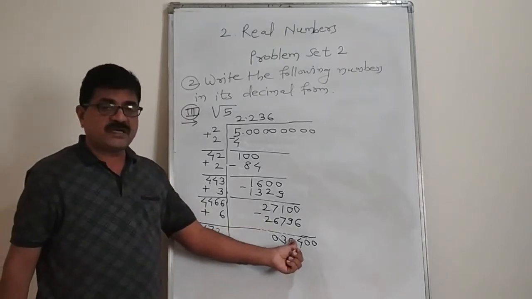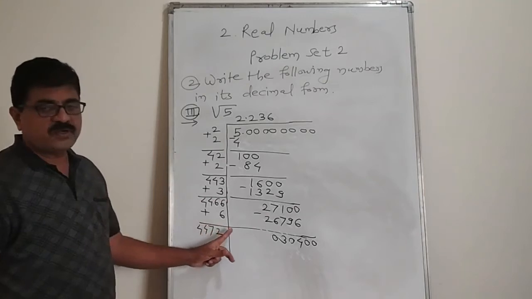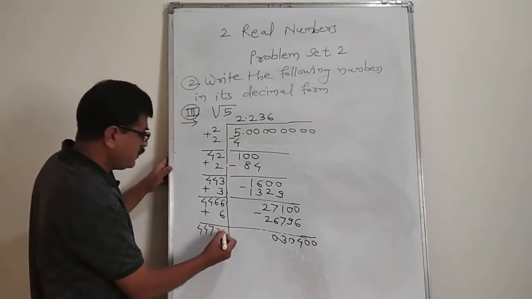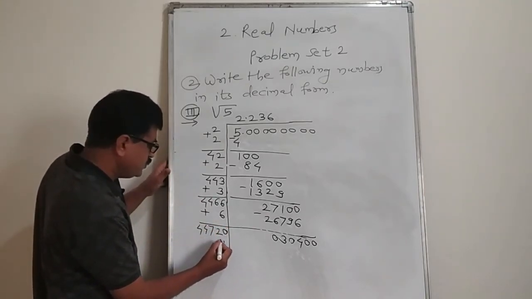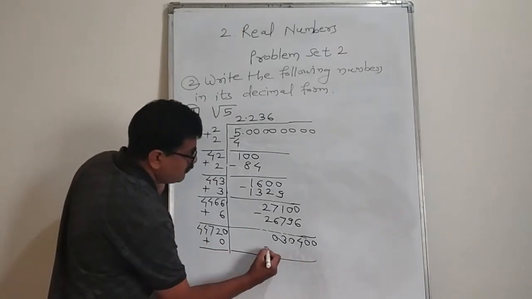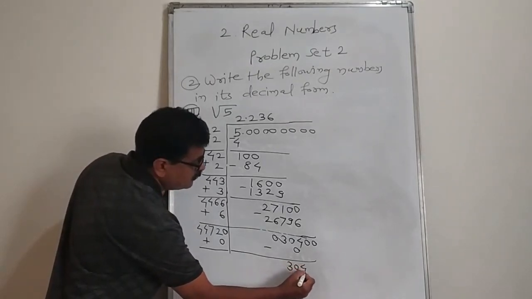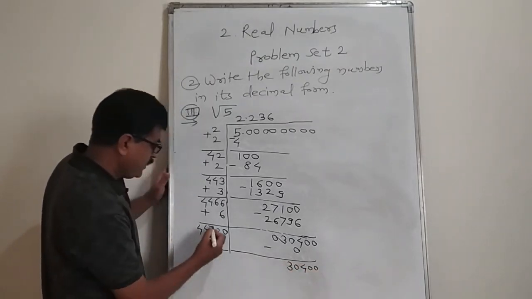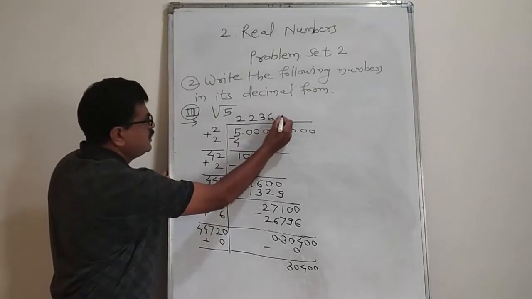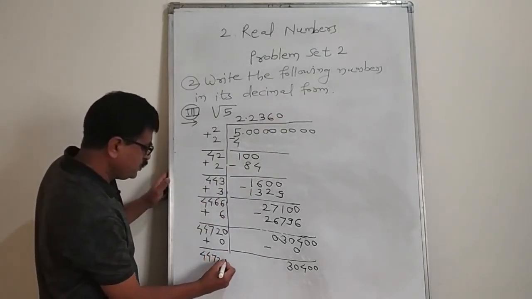Now this is 30,000. And if we take 1 here, this is 44,000. Therefore, here the divisor is 0. Minus 0. Write down 30,400. Here addition, write down 0. Addition, 44720.